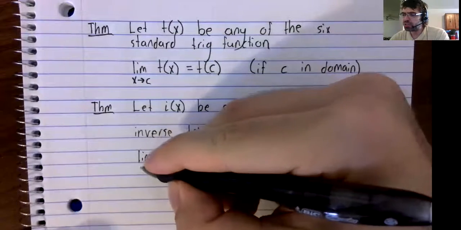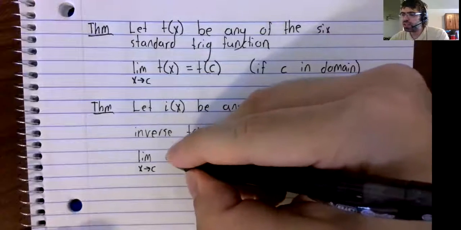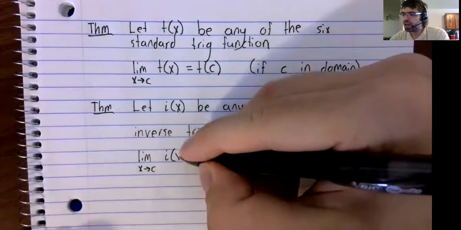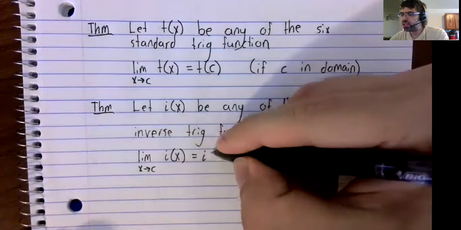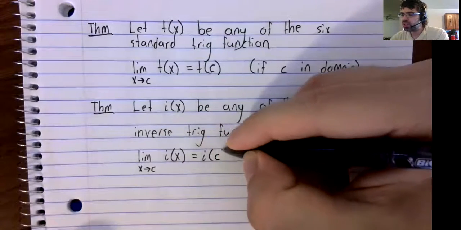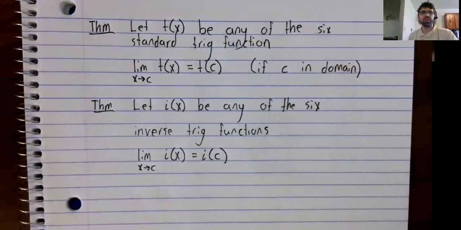Then the limit as x approaches c of I of x can be computed simply by sticking the limit into the function.